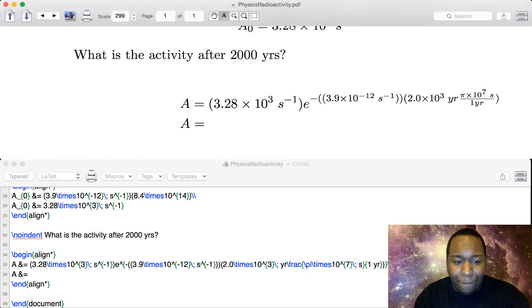This might not be a fun one. Only reason why I'm saying that is because I don't think my calculator is having a good time. It's showing 0, even though that makes sense, but I don't know if it can calculate out to that number of decimal places. So negative 2 times 3.9 times pi.